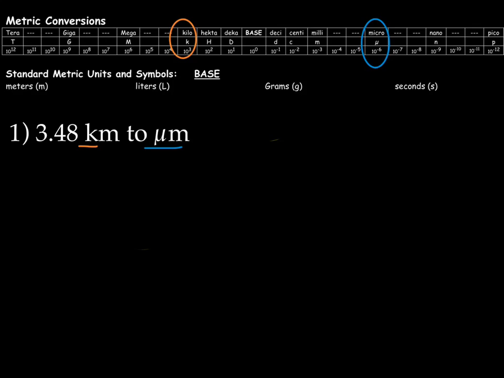Now we need to count how many spaces we need to jump to get from what we know, the kilo, to what we're trying to find out, the micro. So we have 1, 2, 3, 4, 5, 6, 7, 8, 9. 9 spaces.